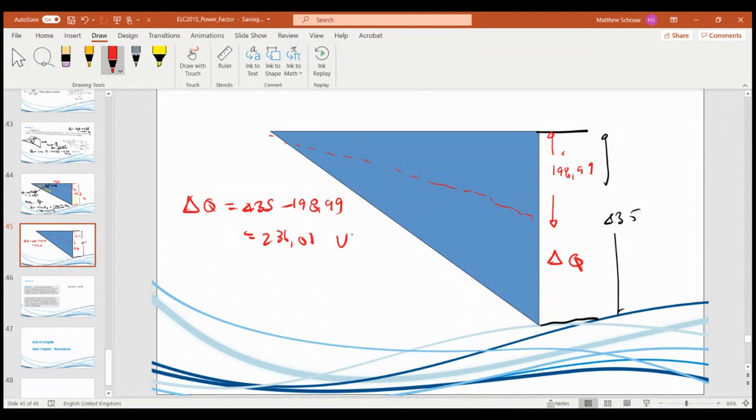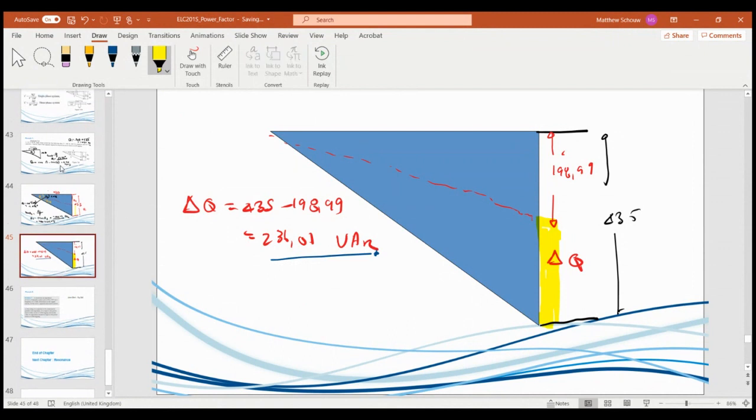You get 236.01 volt amps. So this over here is basically the changing Q. Like I said, the yellow line: the capacitors are now producing active power to push this up from here to here.